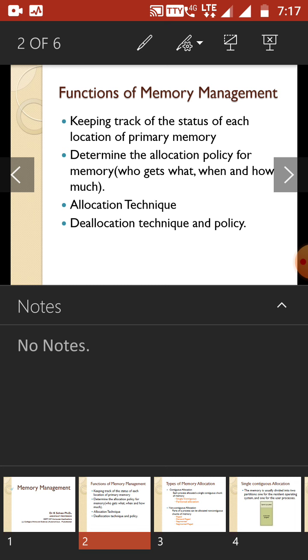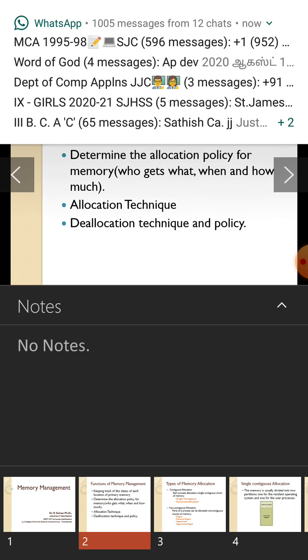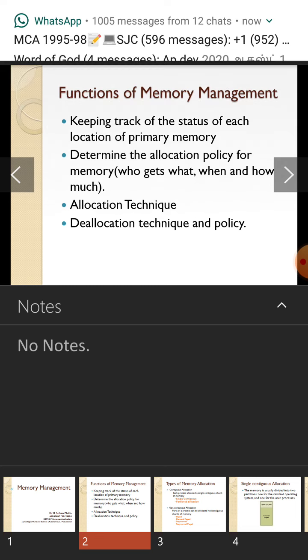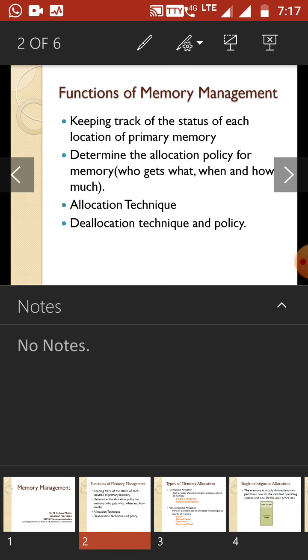The second one, what. The third one, where, that is, in which memory location the required amount of memory has to be allocated. And then, how much: how much memory space would be allocated for the execution of one user program.